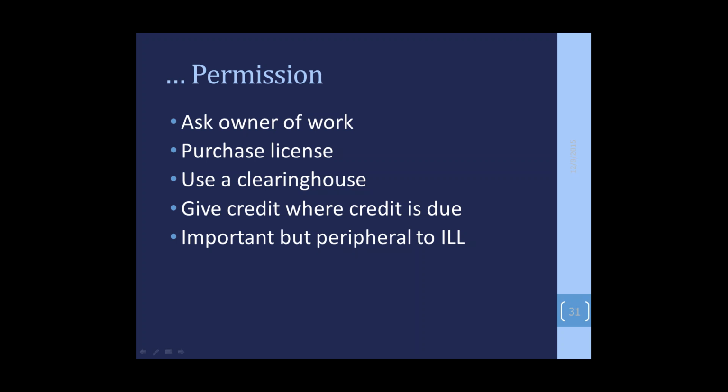They can often help you find the permissions, obtain the permissions, and so on. Now remember, most clearinghouses do charge. That's how they're earning their money, obviously. So that would be an issue, and with that in mind, places like the CCC are more likely to work with public or academic libraries because they have more money than school libraries.